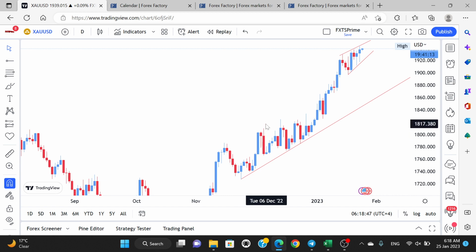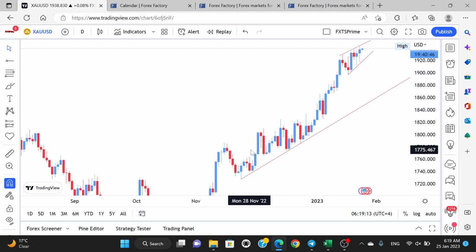Whenever the sellers are trying to come in and push the price down, there is somebody sitting at the bottom here waiting for the price to come down and shooting it up. We have discussed this movement, and we said this is abnormal movement.